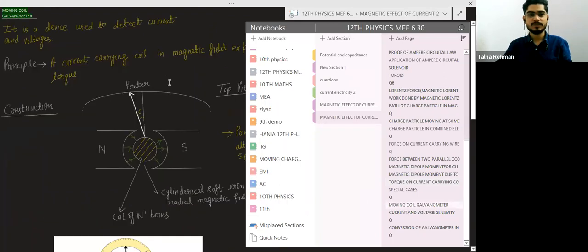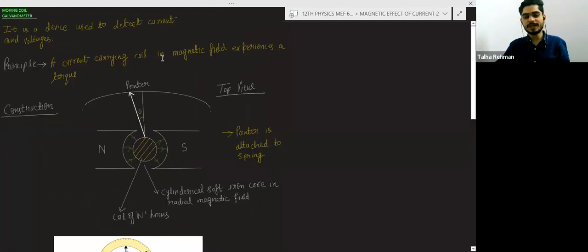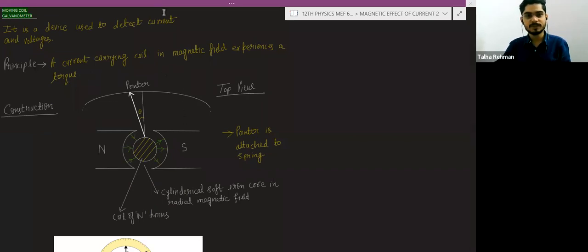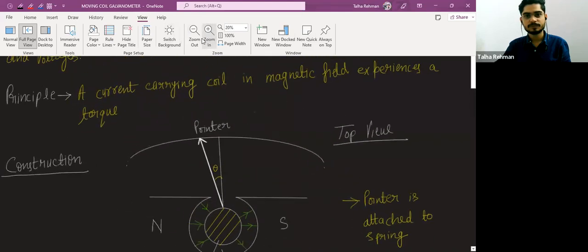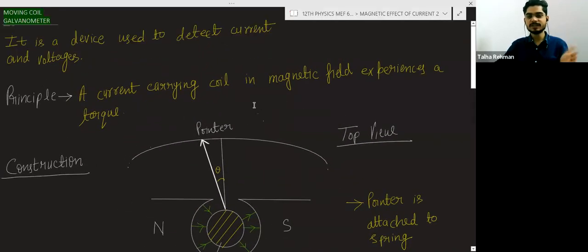This is the topic. I have written the theory and already made the figure, so as to save time. Try to understand this. So, moving coil galvanometer. What is a galvanometer? A galvanometer is a device used to detect the current and voltages, not to measure the current.